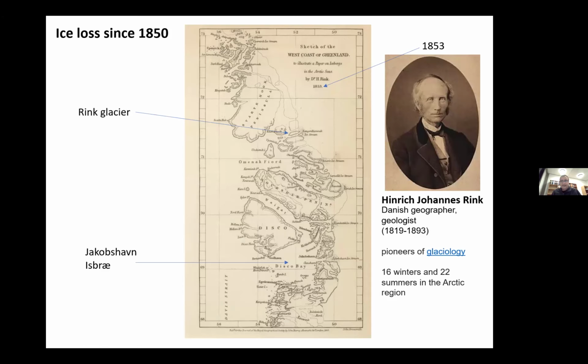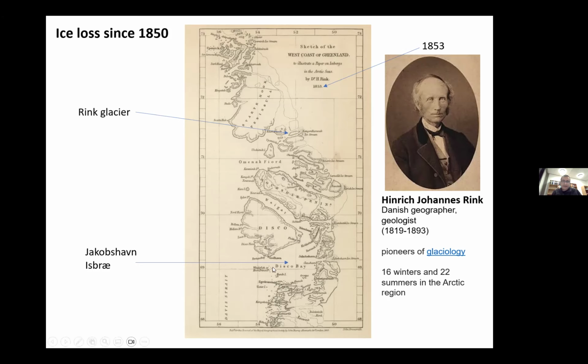So this is a sketch, and this is actually a sketch which can be very useful to map the position of past glacier history. This is from 1853, and this one is created by Henrik Johannes Rink, and the glacier up north here is also named after him, Rink Glacier.